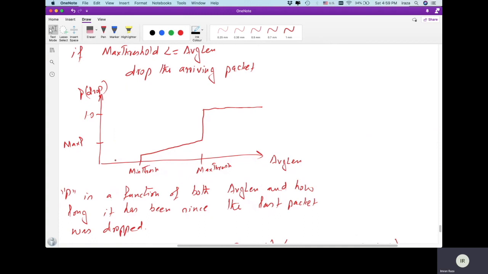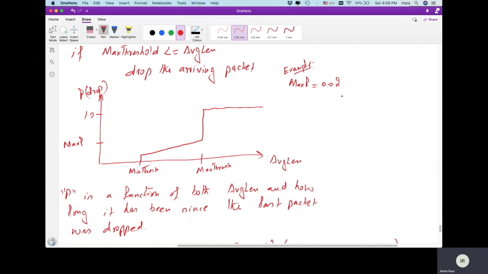So let's assume that we have a max P value of 0.02. Let's try to understand this with the help of an example. How does it work, right?